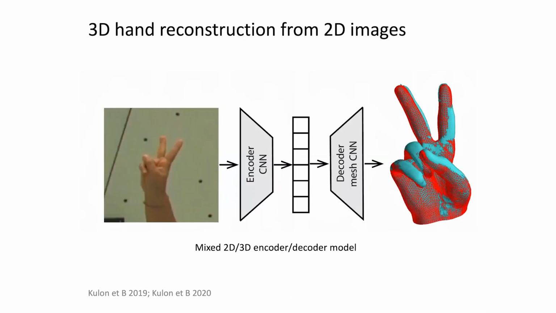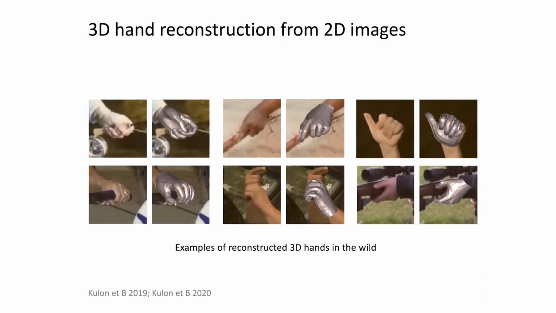We can also use mixed architectures where the input is an image. It is encoded into the latent space using a standard two-dimensional convolutional neural network, and then decoded by a geometric mesh convolutional neural network to produce a 3D model of the hand. And here you can see examples of how this works on images of hands in the wild.